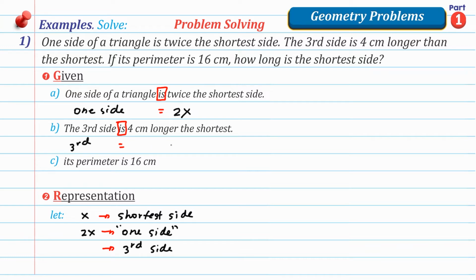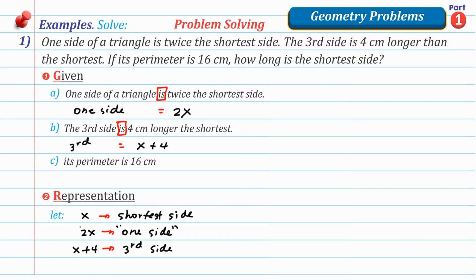So, it's 4 centimeters longer. So, yung shortest, which is x, we know from our previous representation, ito mas mahaba ng 4. O edi plus 4. So, that means the third can be represented by the algebraic expression x plus 4. So, let me write here, x plus 4.